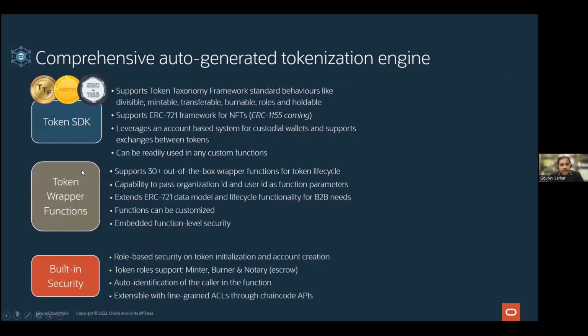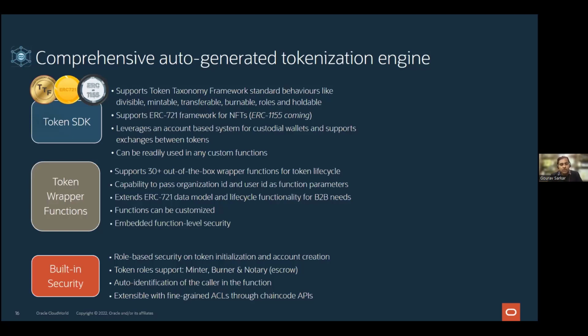Next slide, please. So in the underlying layer, when the code is generated automatically, there are three essential components which come along with this code generation. One is a token SDK. These token SDKs are based on the different behaviors that we have set in the specification file, like mintable, transferable, burnable, and so forth.